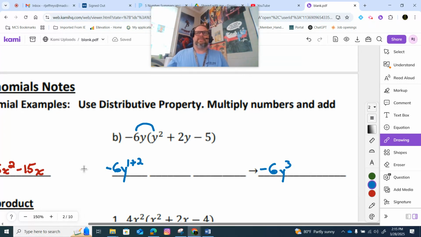All right. And then we mark this out. Then we move it on down the line. So, and then negative 6 times 2. This is y to the 1 plus 1. All right, so negative 6 times 2, this is negative 12.